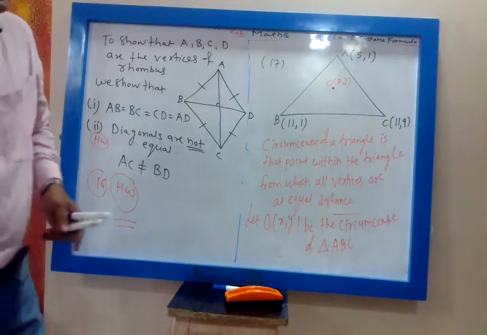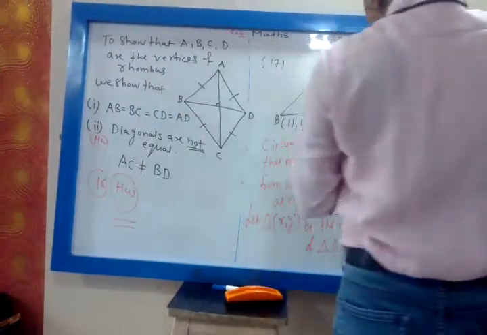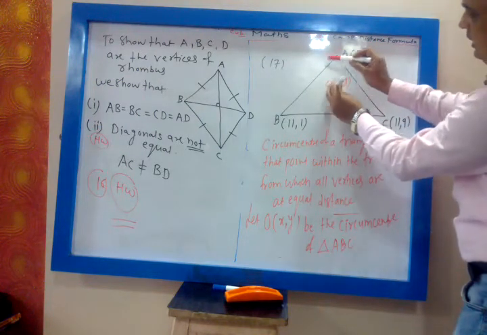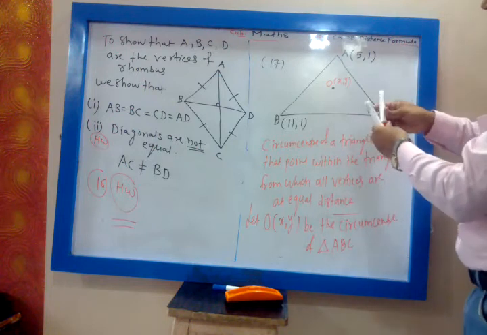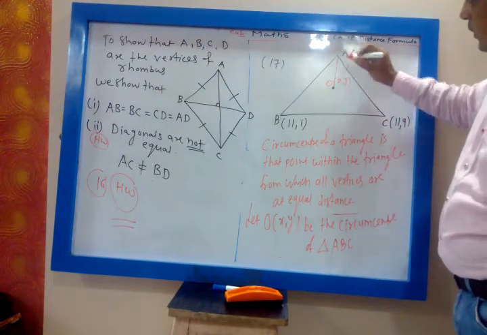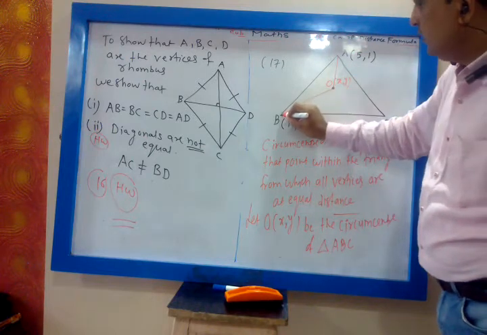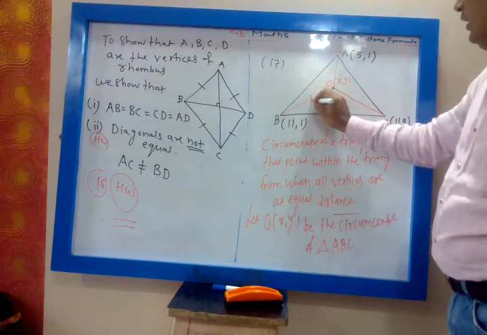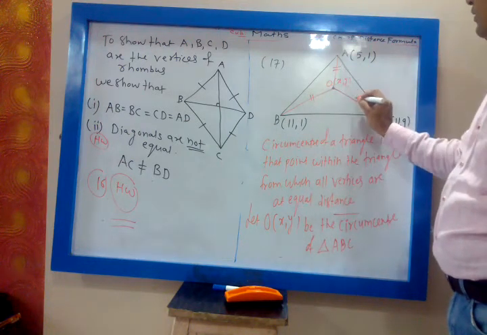Yes. O is the circumcenter of the triangle means from O all the vertices A, B, C are at equal distance. That means OA is equal to OB is equal to OC.